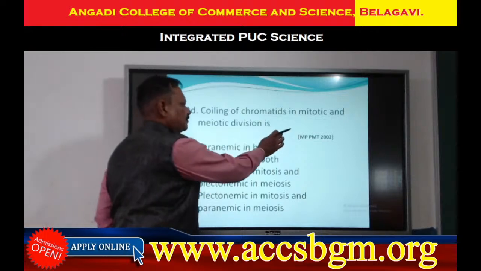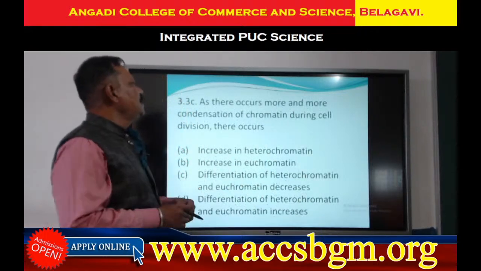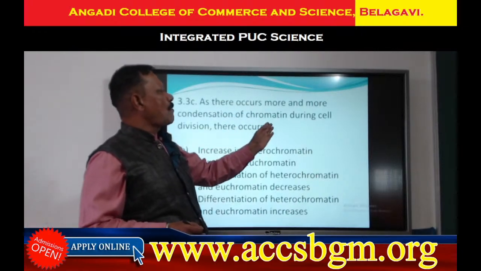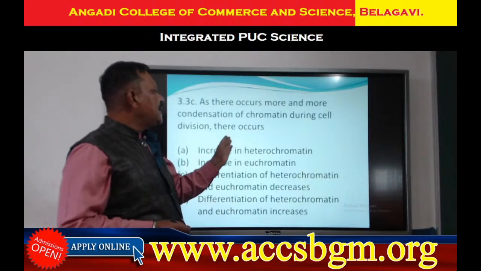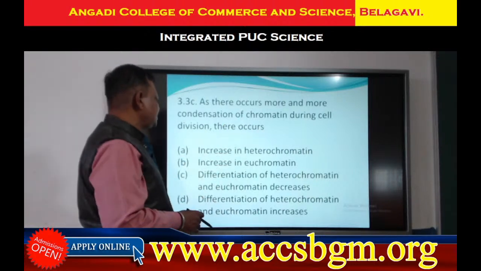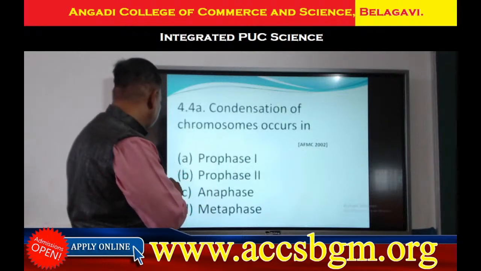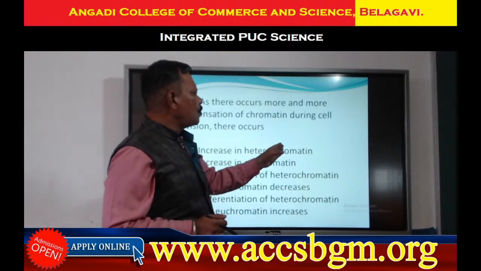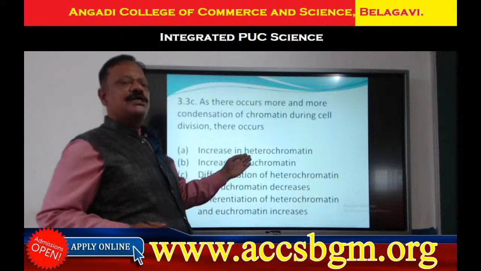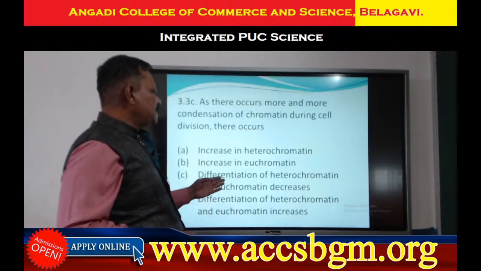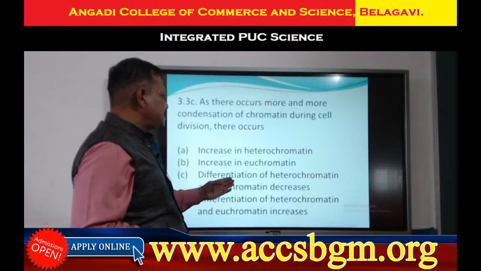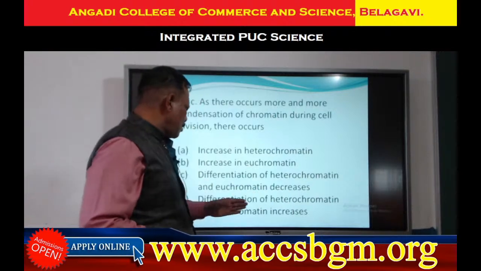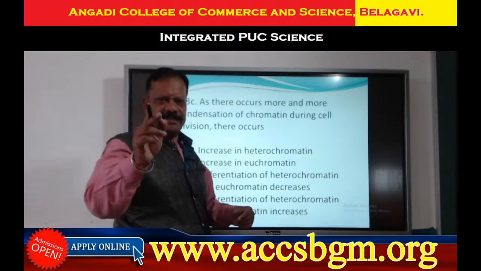We'll move to the next. As there occurs more and more condensation of chromatin during cell division, there occurs, just see the options: increase in heterochromatin, increase in euchromatin, differentiation of heterochromatin and euchromatin decreases, differentiation of heterochromatin and euchromatin increases.